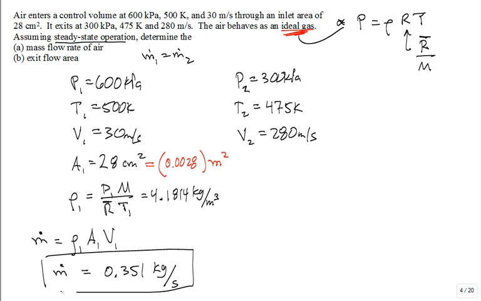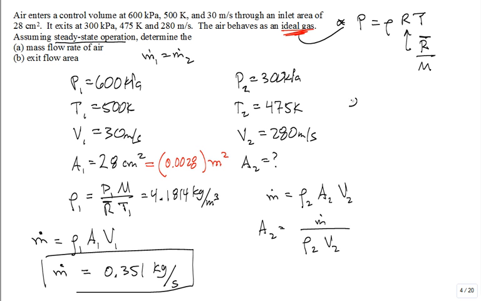How about for part B? What's the exit flow area? We want to find this A2. Well, the mass flow rate is equal to rho 2 A2 V2. So the exit area is the mass flow rate divided by rho 2 V2.